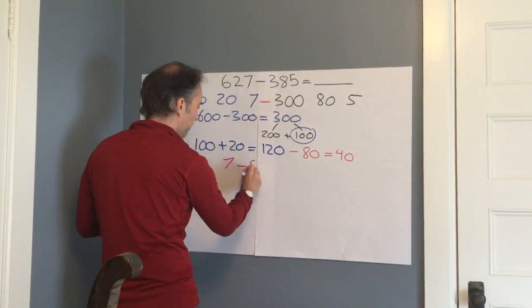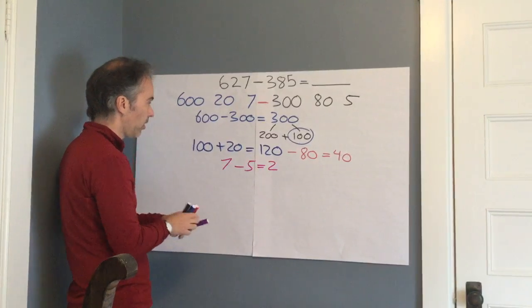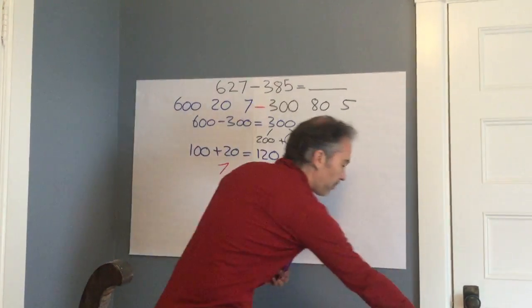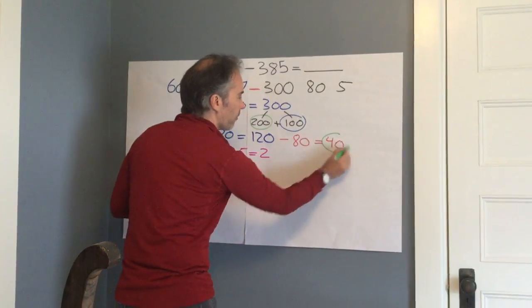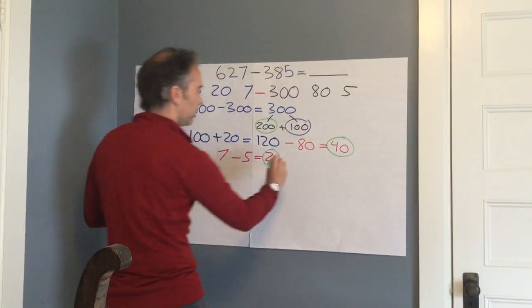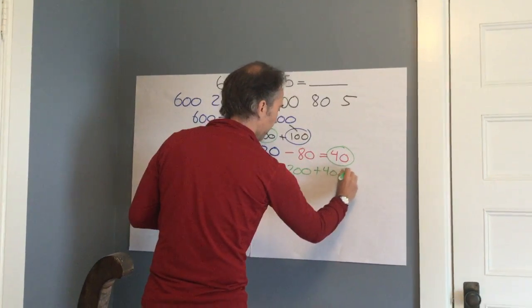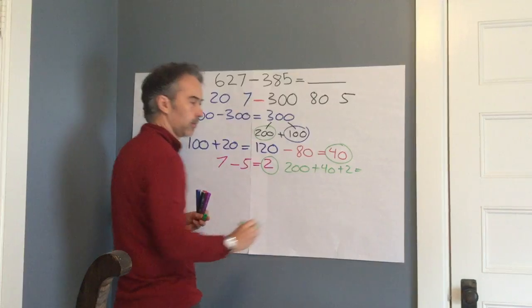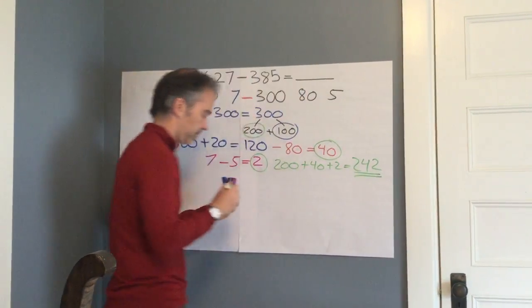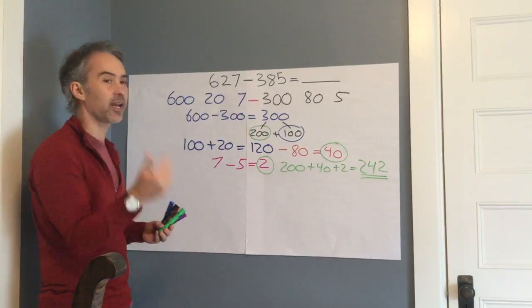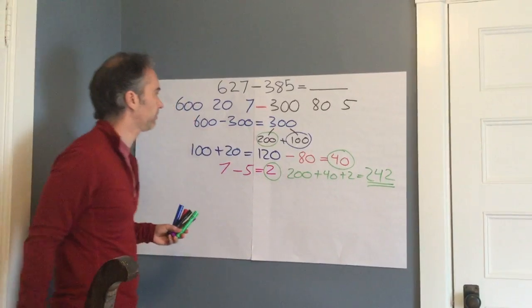I can take 5 from 7, and that equals 2. So, what do I have that I have to add up? I have my 200, I have my 40, and I have my 2. So, 200 plus 40 plus 2 equals 242.